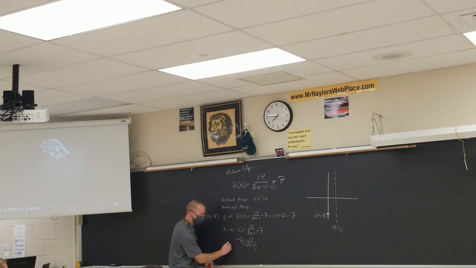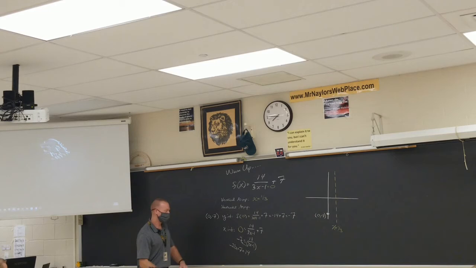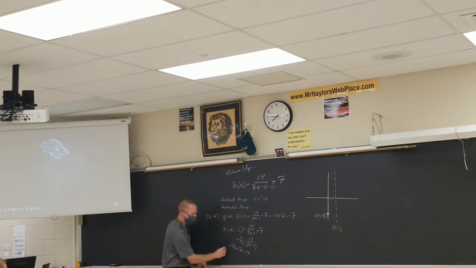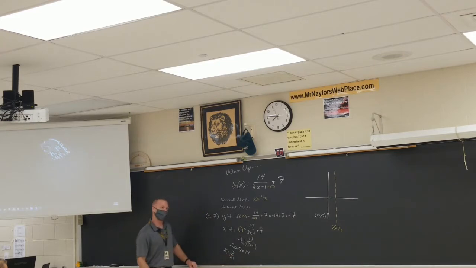Distribute it. Get negative 21x plus 7. So you got yourself a little algebra equation. And after you subtract 7 and divide by negative 21, we get 7 over negative 21, which happens to work out to be a little negative 1/3.